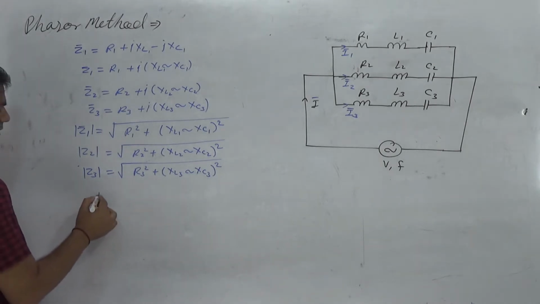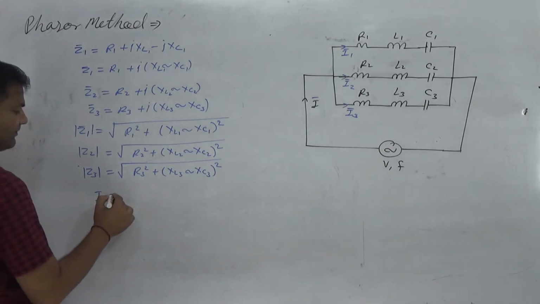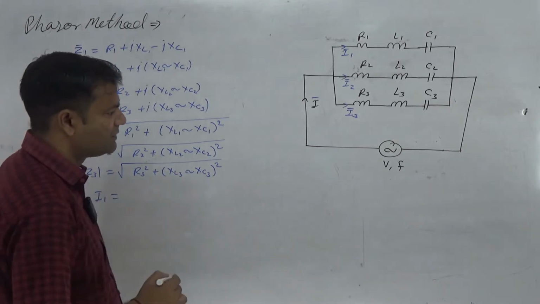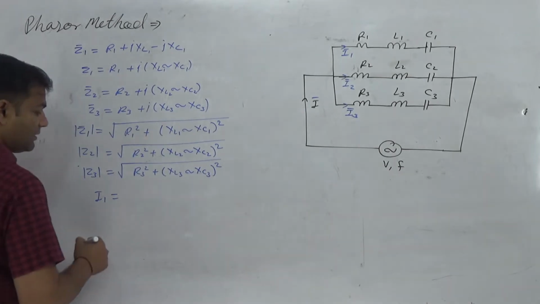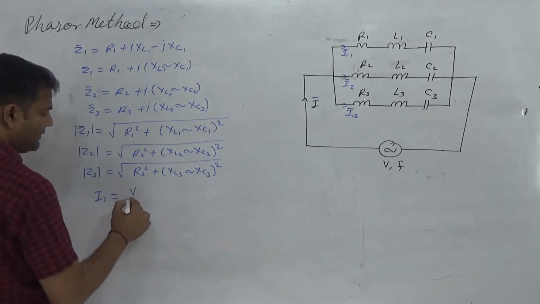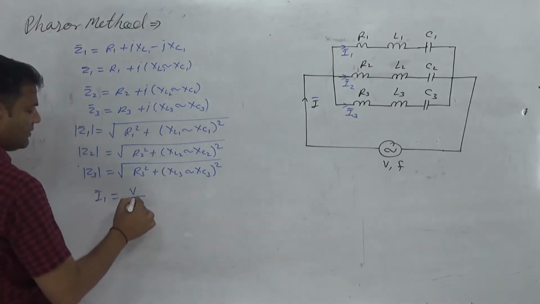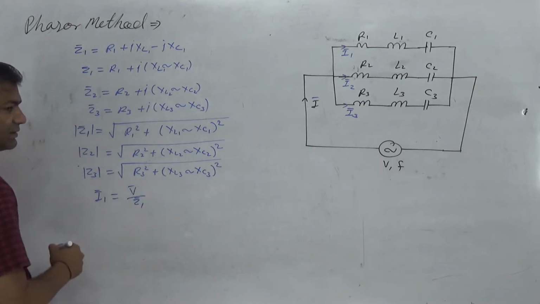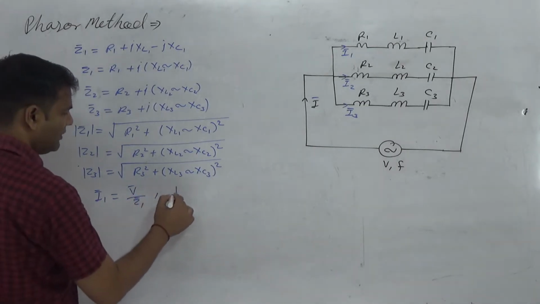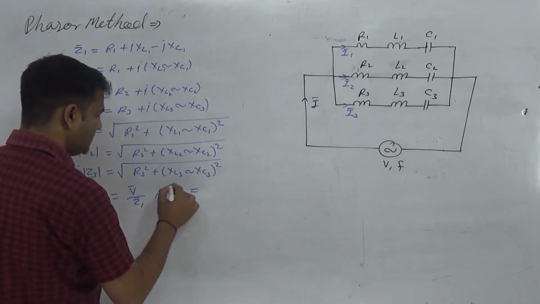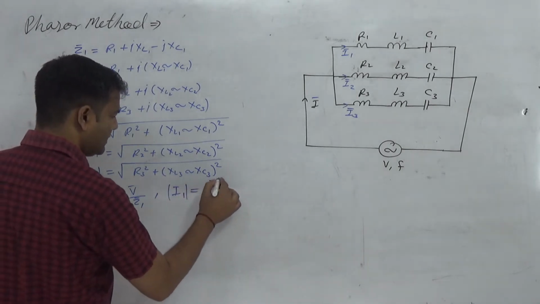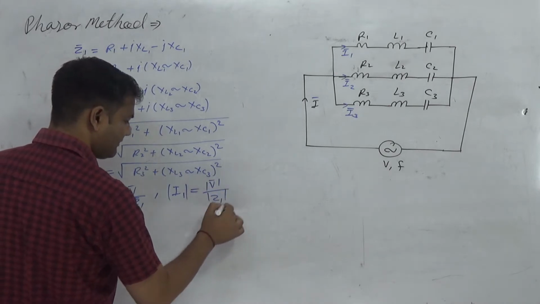Now, what about I1? I1 is the supply voltage V divided by Z1. But what about the mod value of I1? If you want the mod value, it means mod V divided by mod Z1.